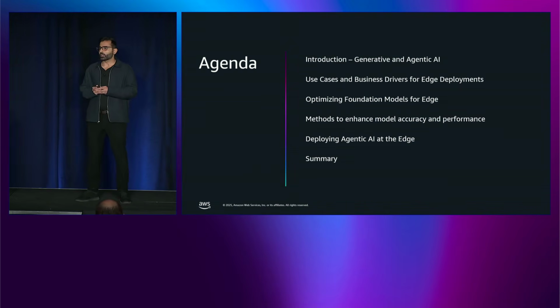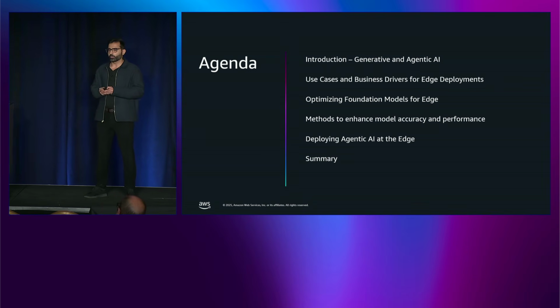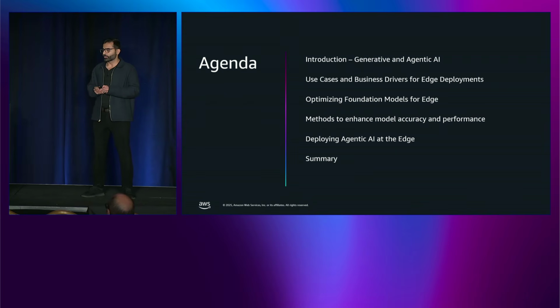Optimization is only half the battle, so we'll also talk about how you can enhance the accuracy, how you can improve the performance of these models as well. And then finally, we'll dive deep into how you can deploy agentic AI workloads to run efficiently at the edge as well. By the end of this session, you'll walk away with a comprehensive understanding of how you should deploy your edge workloads to drive innovation with AI and agentic AI.